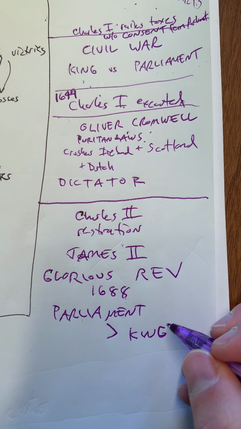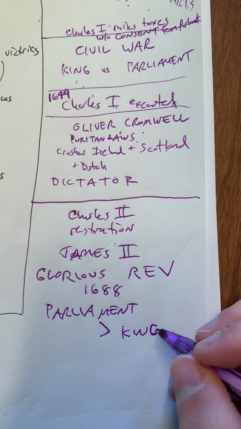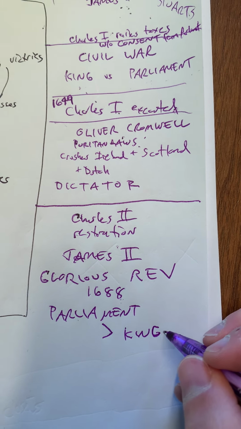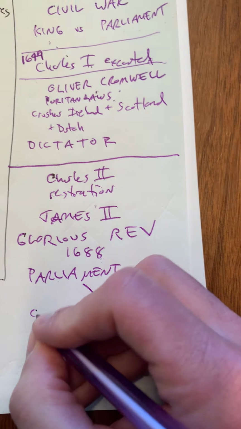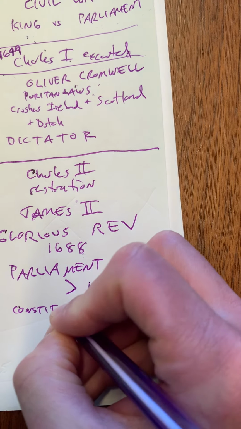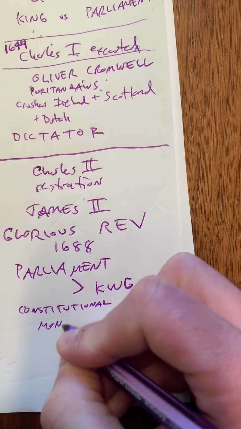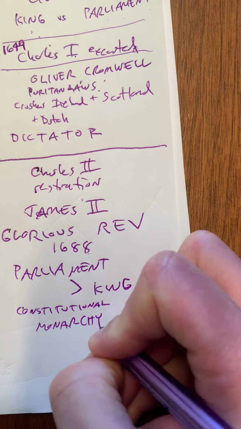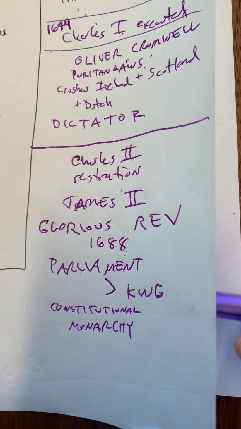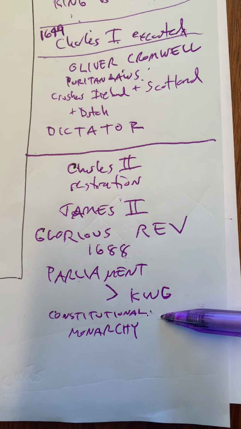And so this is what becomes called a constitutional monarchy. So king needs parliament's consent, all right? And so this becomes a constitutional monarchy. This does not mean, of course, that there is equality of any sort or democracy.